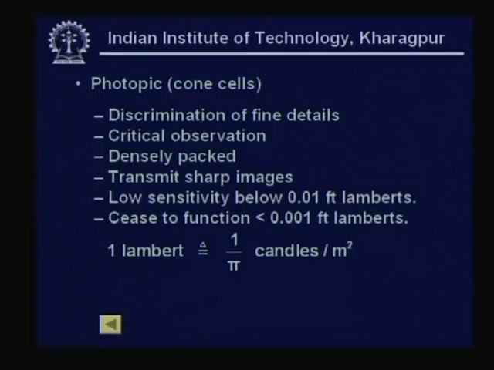A foot Lambert is essentially the amount of light falling on a surface area, defined as, you can see that 1 Lambert is defined as 1 over pi candles per meter square.